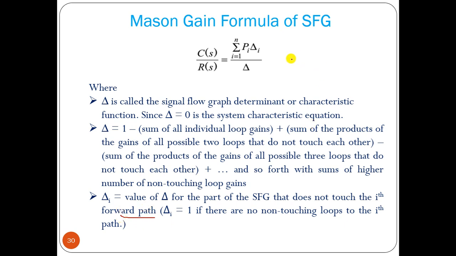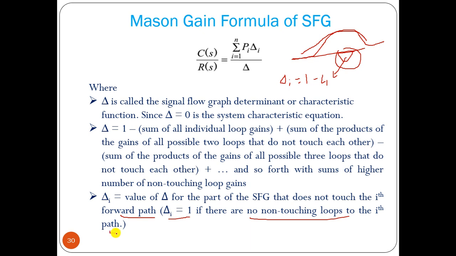That means we have a forward path and we have another forward path. Here we have one loop. So this forward path is not touching this particular loop, so delta I will be 1 minus this loop gain, minus L1. Delta I equals 1 if there are no non-touching loops to the ith path.